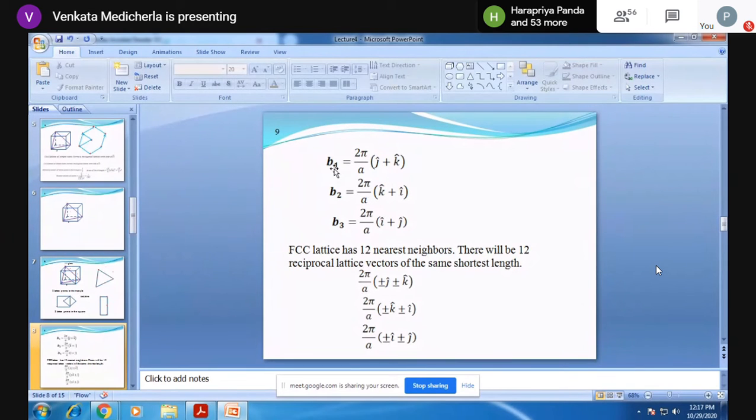If you are in the reciprocal lattice, you call it the reciprocal lattice. If you are in the primitive lattice, you call it the primitive lattice. But always primitive lattice vectors are the shortest primitive vectors or shortest reciprocal lattice vectors. So these are the shortest ones. But as we know, if you take one point in the FCC lattice, because we have got the FCC lattice from the BCC, we started with BCC and we got FCC. In the FCC lattice, each point is surrounded by 12 nearest neighbors.